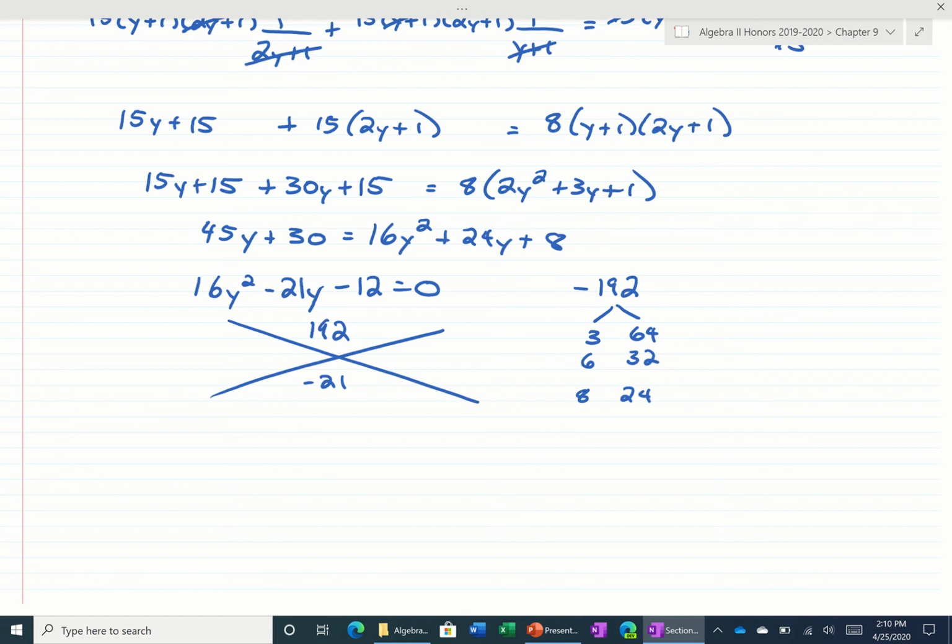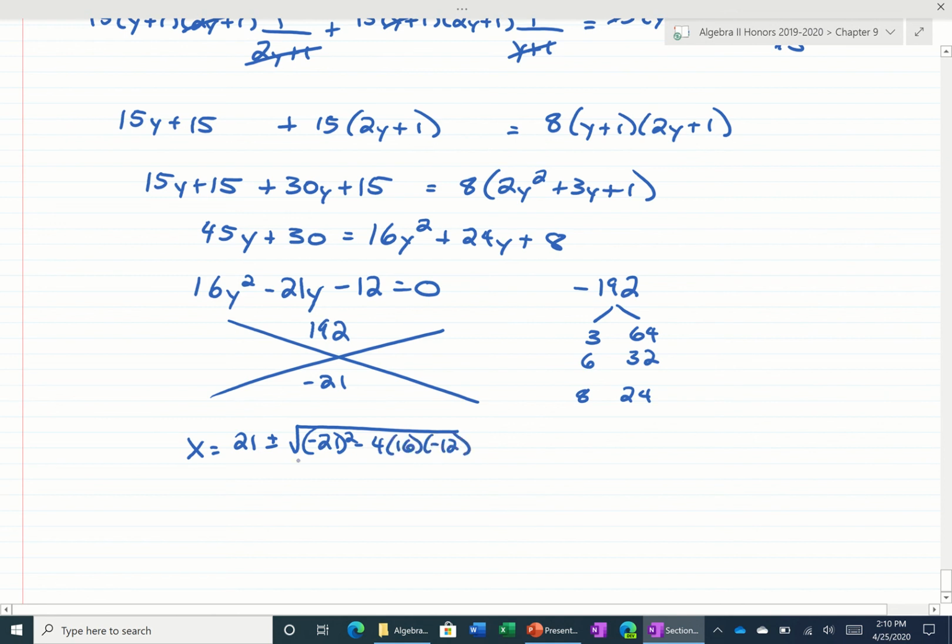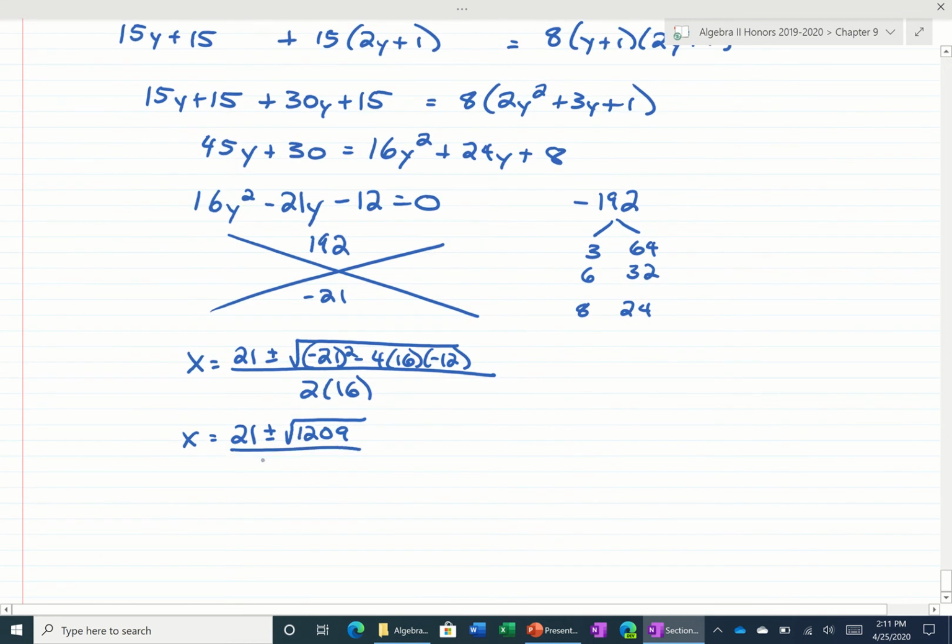So what I'm going to do instead is I'm just going to use quadratic formula. So x would equal 21 plus or minus the square root of b squared minus 4ac over 2a. And 21 plus or minus, let's see what this is. 21 squared minus 4 times 16 times negative 12. It's 1209 over 32.